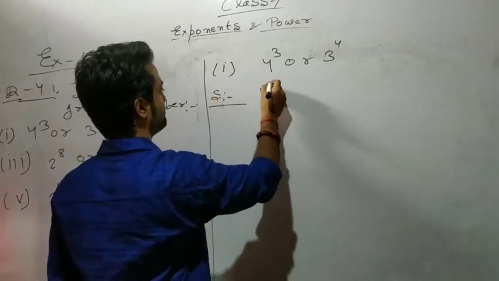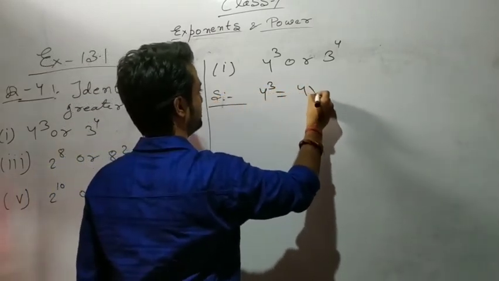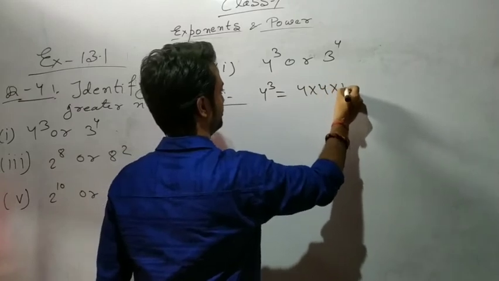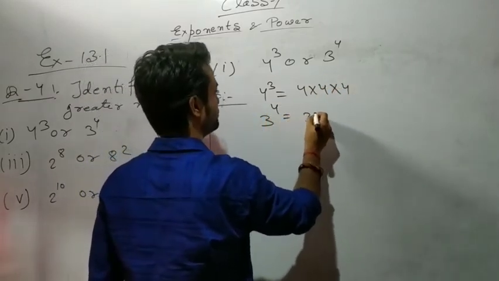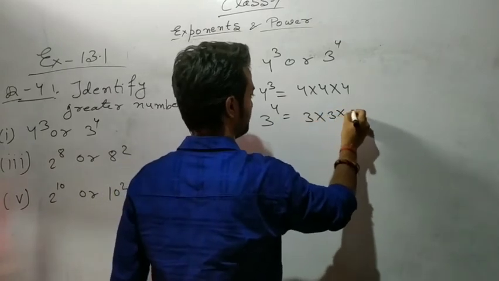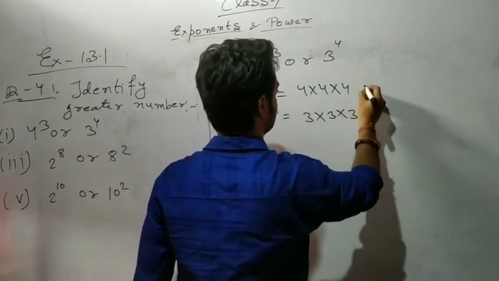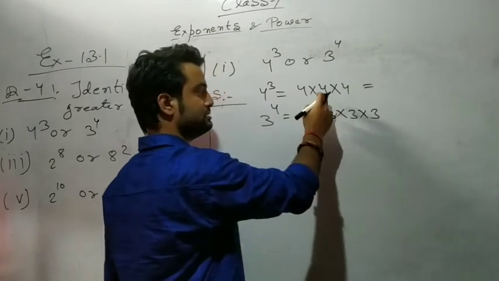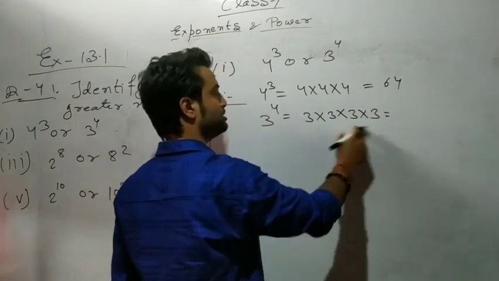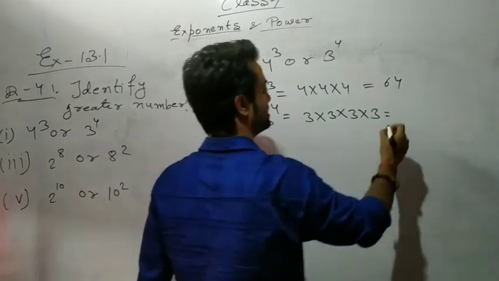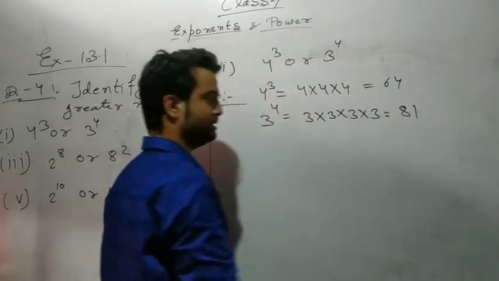So 4 raised to the power 3 means 4 into 4 into 4, and 3 raised to the power 4 equals 3 into 3 into 3 into 3. So 4 fours are 16, 16 fours are 64. And 3 raised to the power 4 in the same way gives us the answer 81.